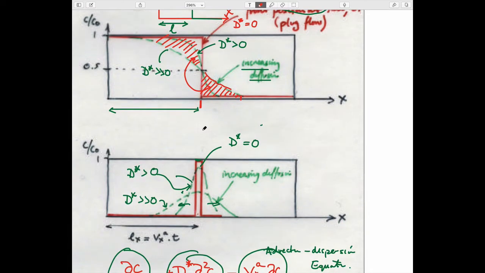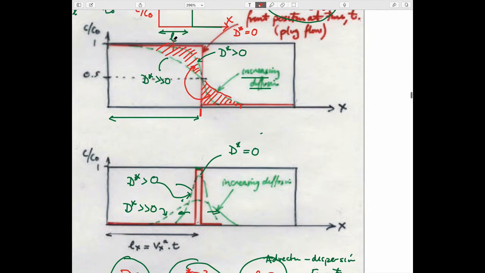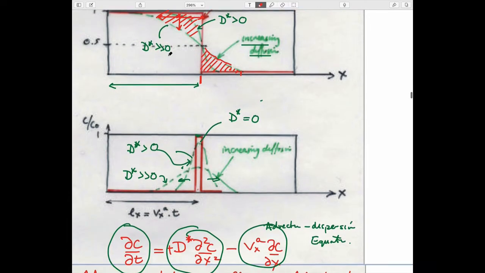And really this height here multiplied by this length over which it occurs, in other words, the area integrated, is really equivalent to the mass.